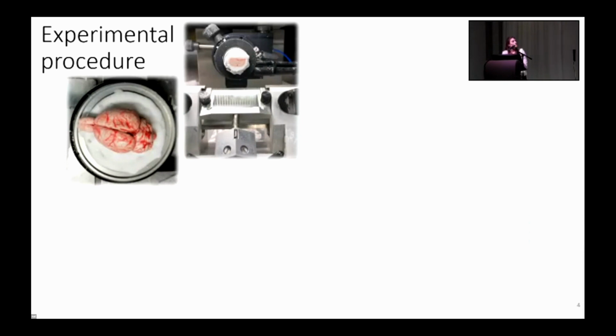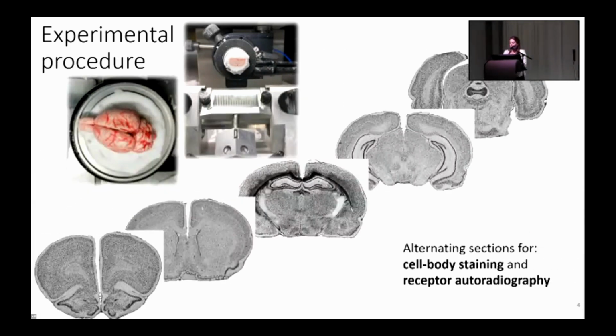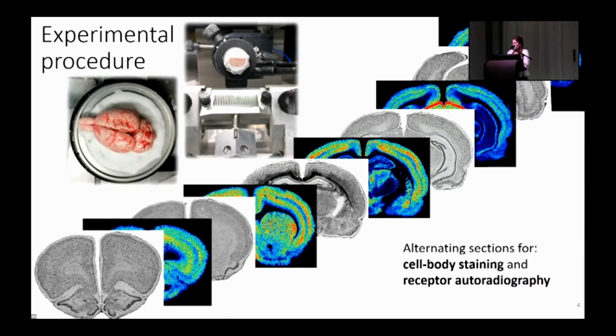Afterwards, we use alternating sections for the visualization of cell bodies, and also for the visualization of one specific receptor type by means of the receptor autoradiography. Within this method, a tritiated ligand binds to the specific receptor type, and this could be visualized after exposition to tritium-sensitive film sheets.